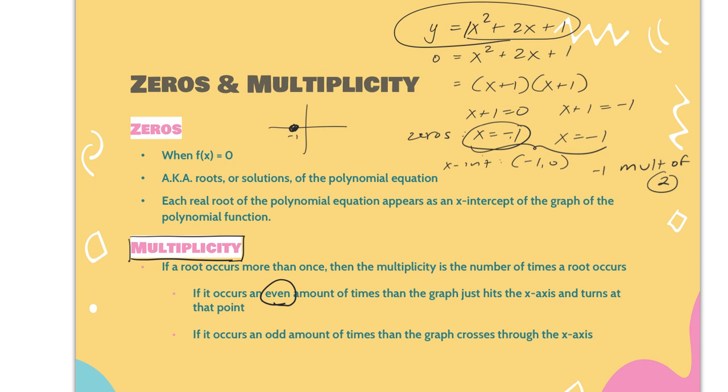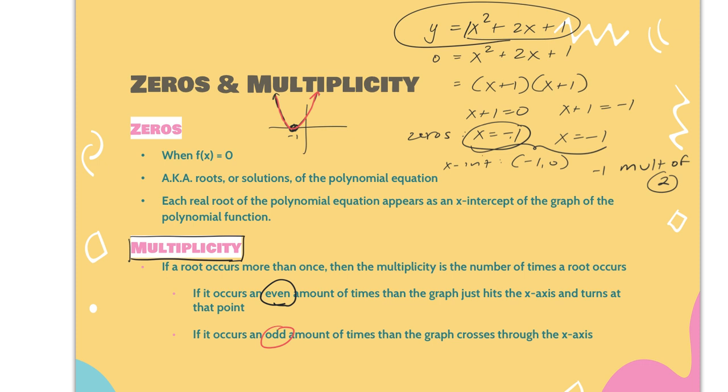And when something shows up an even number of times, as I approach that intercept, my graph doesn't go through that point, but rather bounces off of it and stays on the same side of the x-axis. If it shows up an odd number of times, I go through that point, okay?